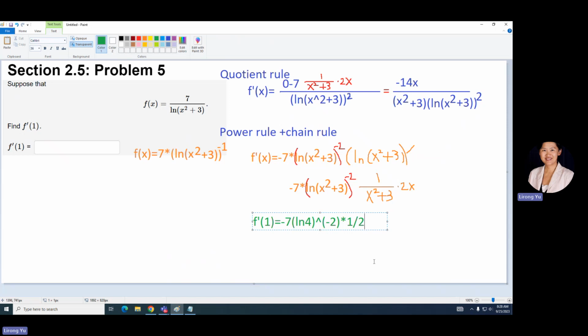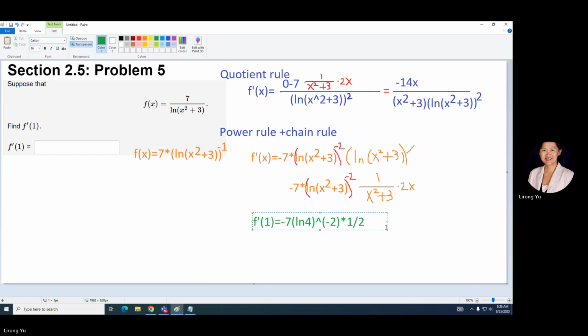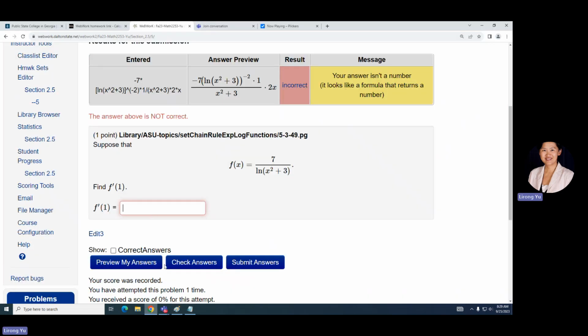That's pretty much what we can enter. So we multiply the 1/2 with -7, so it's -7/2, and then the logarithm part is certainly something to enter. You can also use your calculator and actually find the number. That's the answer.